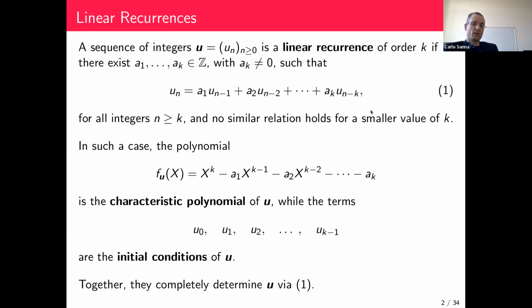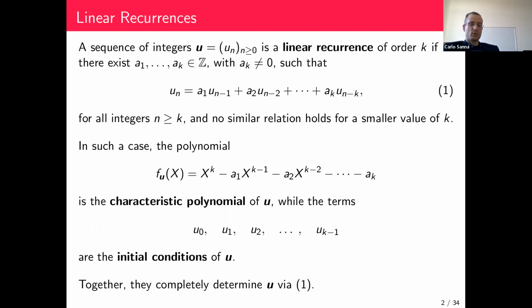Also, usually one defines a polynomial for the linear recurrence, which is called the characteristic polynomial. And as you can see, essentially it is determined by the coefficients a sub i of the linear combination of equation 1. Also, the first k terms of the linear recurrence are called the initial condition of the linear recurrence.